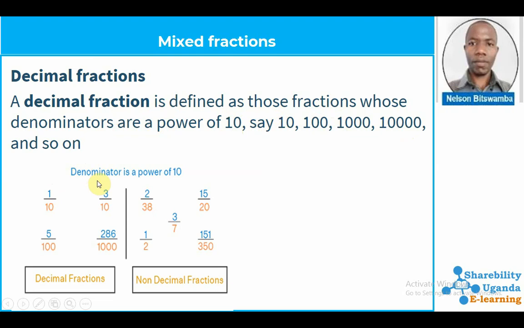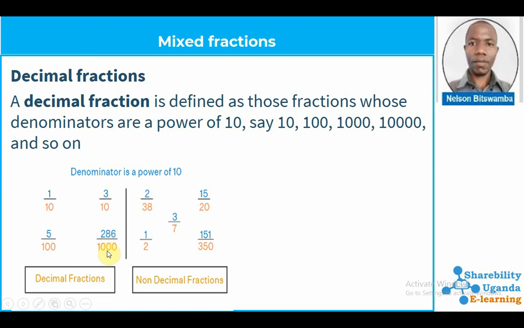Now here there is a demonstration of the denominator as a power of what? Of 10. For example, we have 1 out of 10, we have 3 out of 10, we have 5 out of 10, we have 286 out of 1,000.